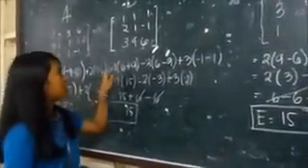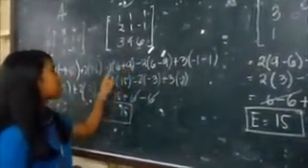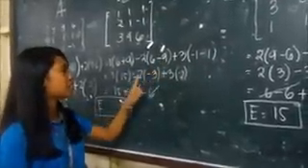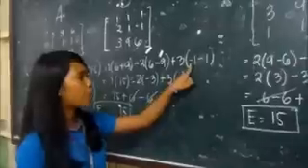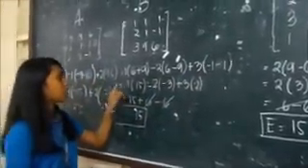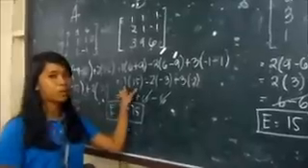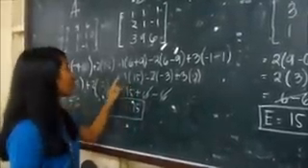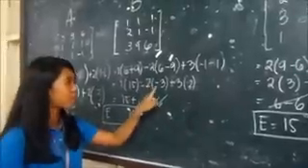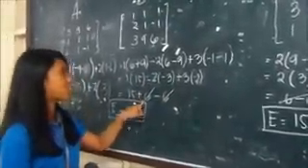Now, let's simplify it. 6 plus 9 is 15. 6 minus 9 is negative 3. Negative 1 minus 1 is negative 2. Now, let's multiply the principal factors to the elements. 1 times 15 is 15. Negative 2 times negative 3 is positive 6.